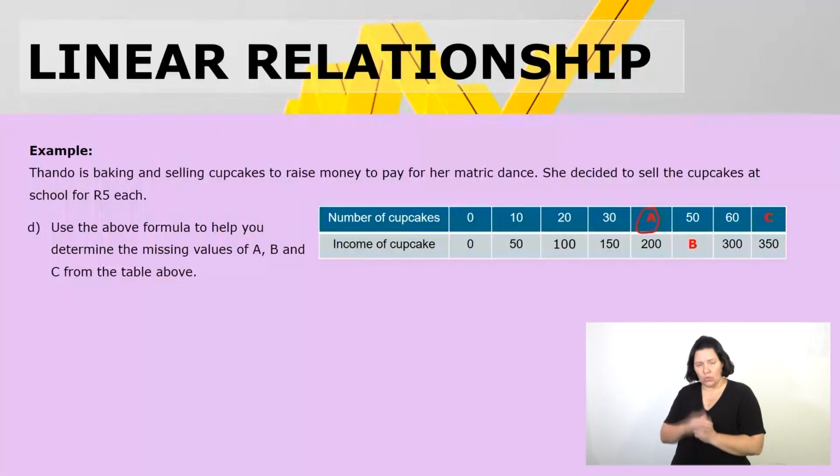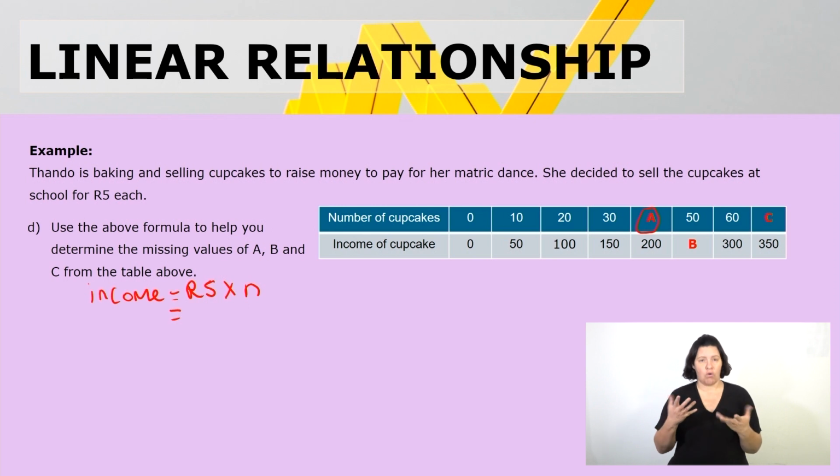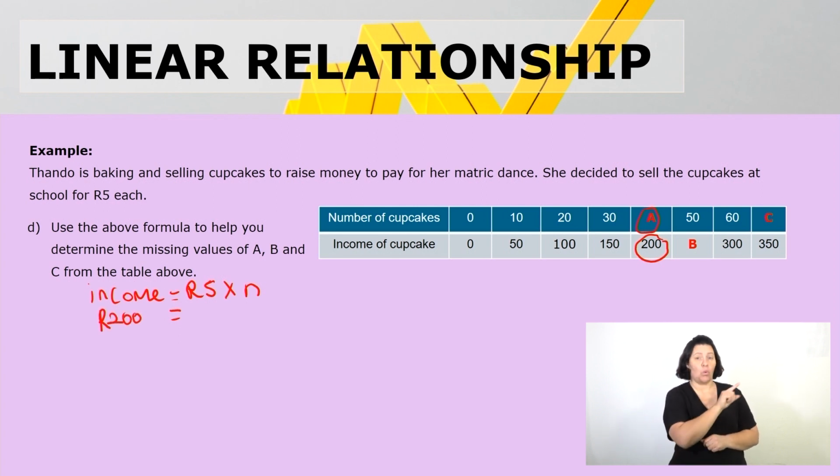From the formula, remember we said income is equal to 5 rand multiplied by n. So let's substitute. What is our income? It is 200 rand. So it will come over there. Don't forget to put R because we are talking about money. So we then have 5 rand multiplied by n.